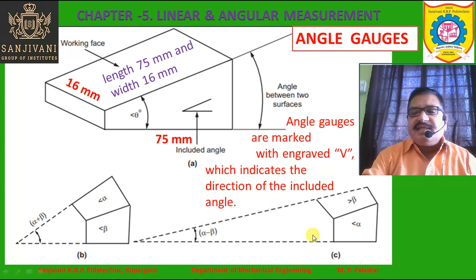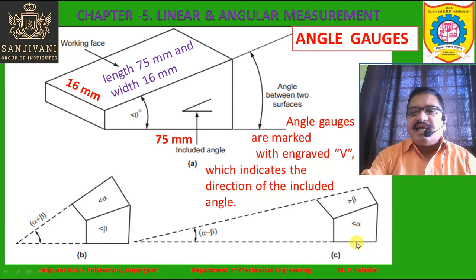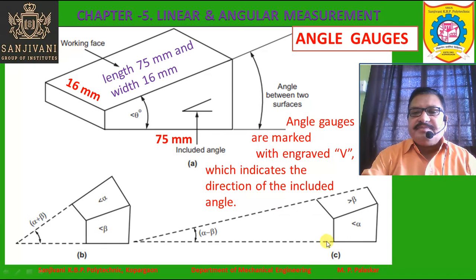If you change the direction, the angle will be beta minus alpha, right? In the other way the angle will change, but here the included angle is alpha minus beta. If you take the included angle in the other direction, then it will be beta minus alpha, right?